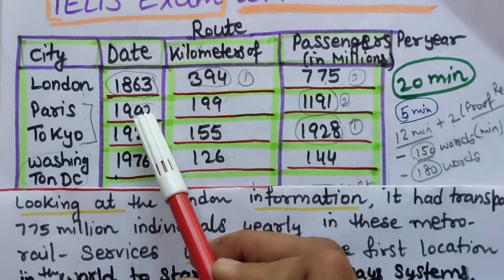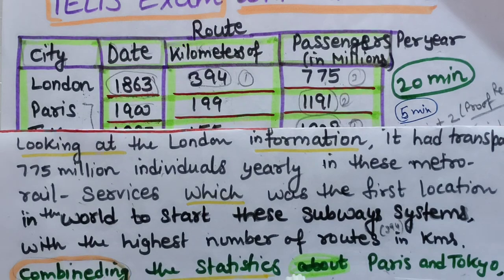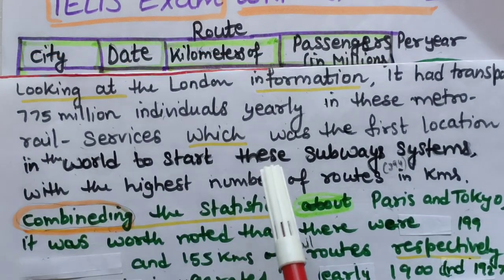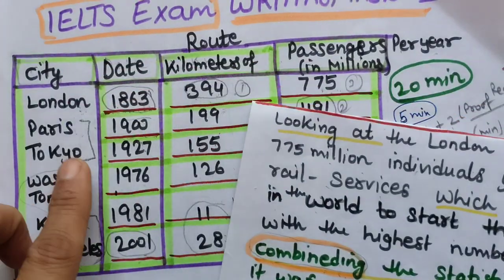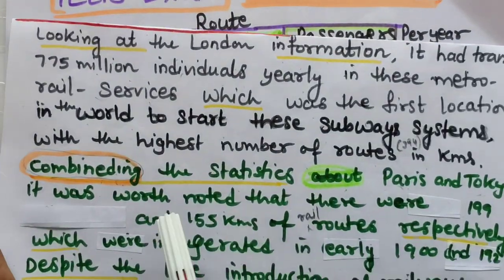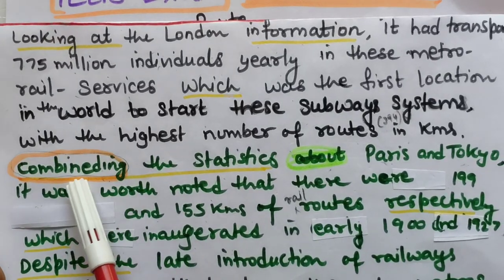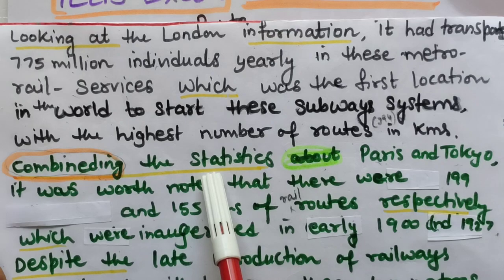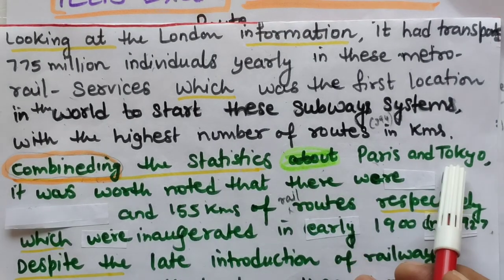Okay, now let's talk about Paris and Tokyo. You can just note down this sentence also, please. Now in green I will be talking about these two, Tokyo and Paris. So we will talk about them combined. Spelling is wrong: COMBINING. Combining the statistics about Paris and Tokyo.